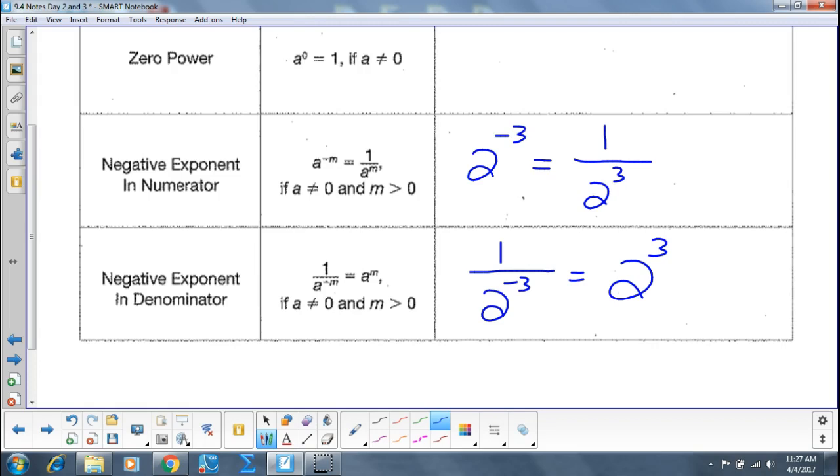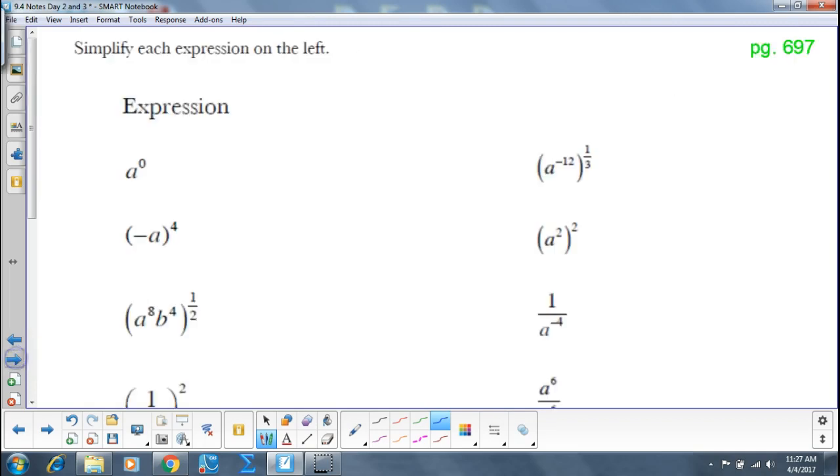Now, if you turn the page, okay, onto page 699, not 697 as it says up here, okay, but on page 699, what I'd like you to do now is I would like you to simplify those 1, 2, 3, 4, 5, 6, 7, 8, 9, 10, those 20 expressions.